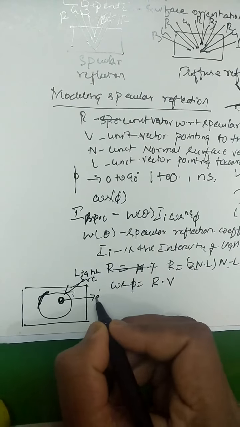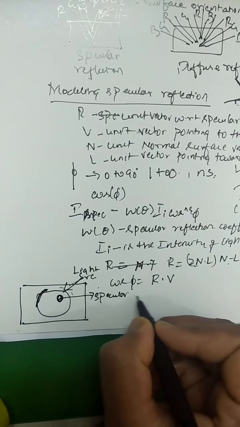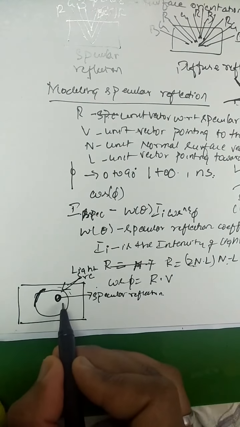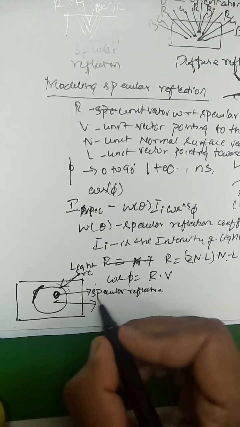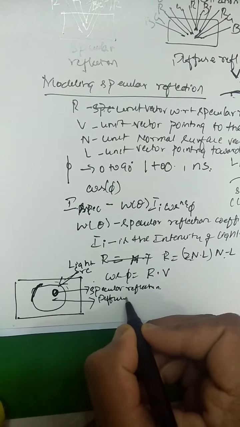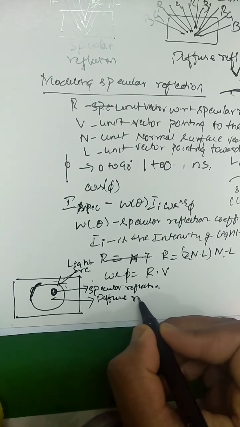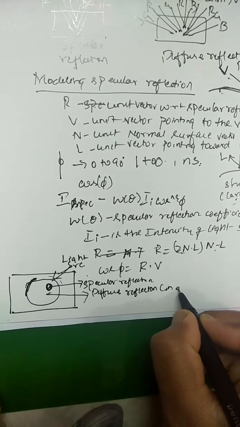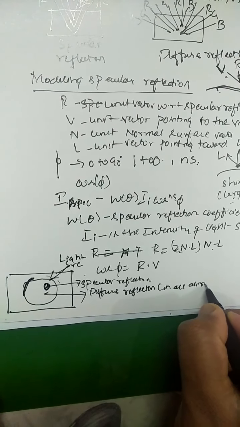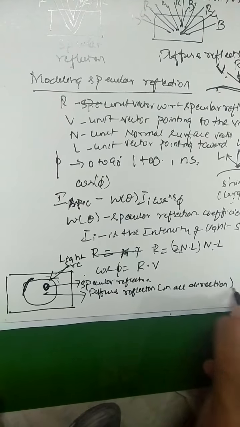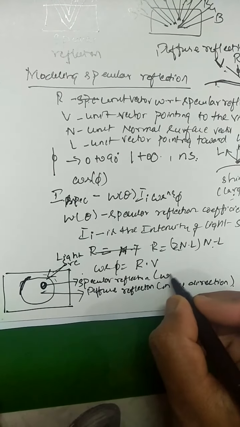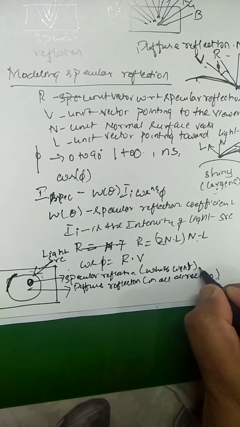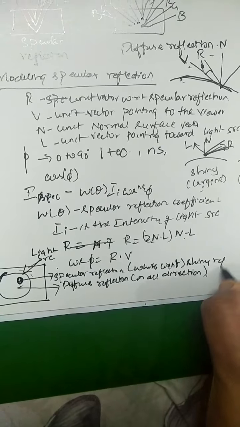This we call specular reflection. The amount of light reflected back in all directions by this surface we call diffuse reflection. So specular reflection is nothing but the white light or the shiny reflection.